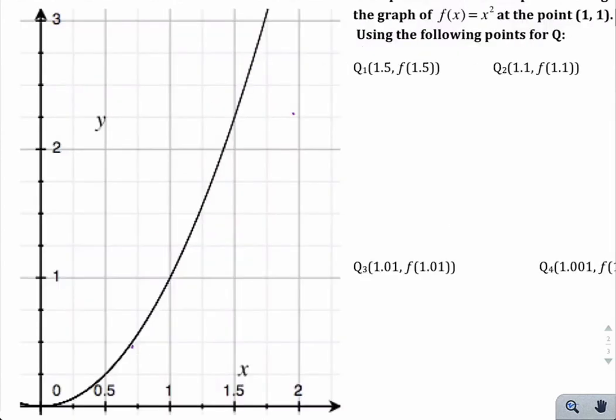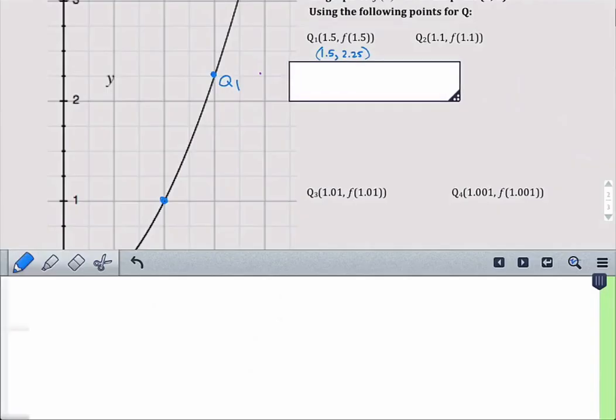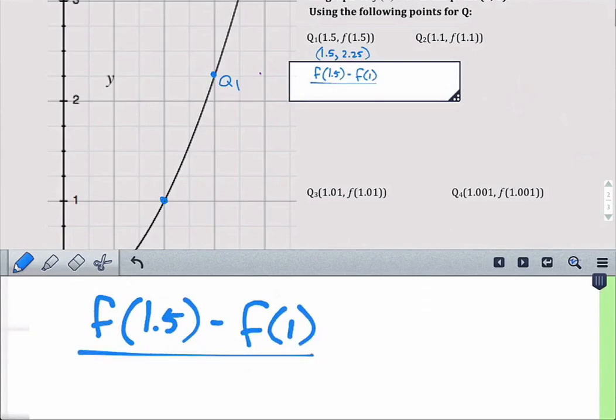First, let's find the slope of the secant line from the point (1, 1) to (1.5, f(1.5)). Here's Q1. The slope is going to be f(1.5) minus f(1), over 1.5 minus 1.